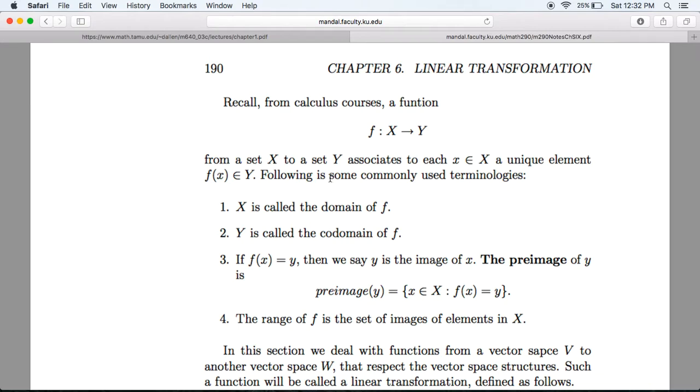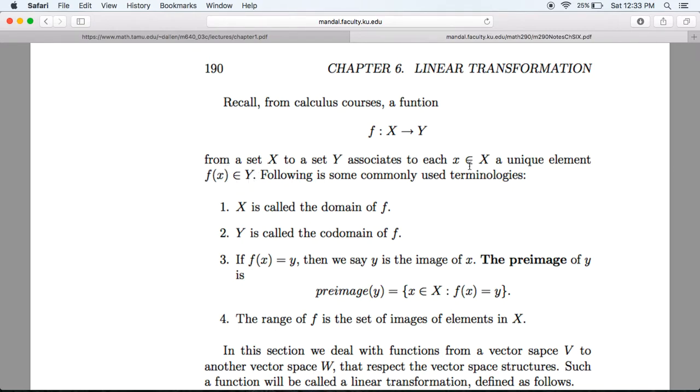A function is a special kind of rule that associates an element from some set X to a unique element in the target set Y. So if X and Y are sets and x belongs to X, then the image of x under f, that is f(x), belongs to Y, and that image is unique.